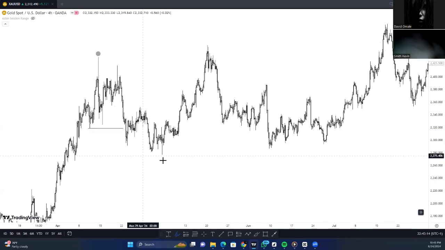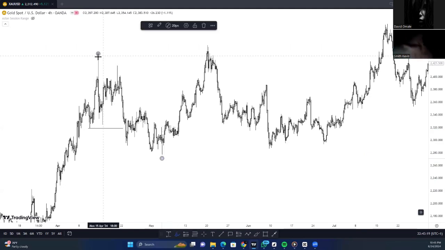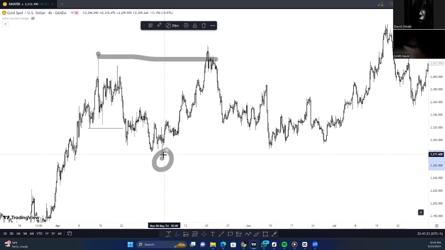Then this is our lower low. Sorry, this is our higher low. As price has broken this high, this becomes our higher low.